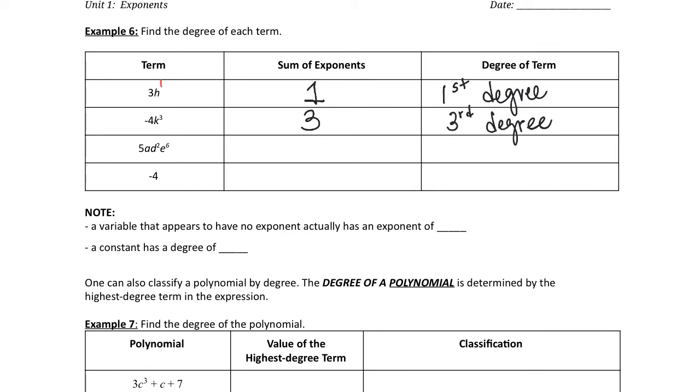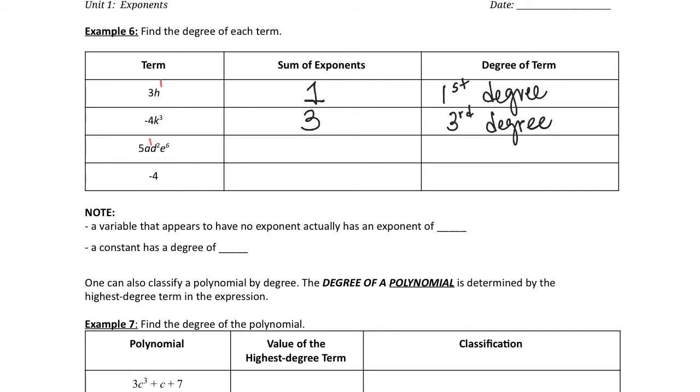The next term is a little bit different, because we have multiple letters and a bunch of different exponents. So before we begin, let's take a look at our variables, or the letters, and the exponents attached to them. The first variable we see is a letter A, and again, it doesn't look like there is an exponent attached to the A, but remember that if you don't see an exponent, that really means there is a number 1. Then we've also got a variable D, which has an exponent value of 2, and a variable E, which has an exponent value of 6.